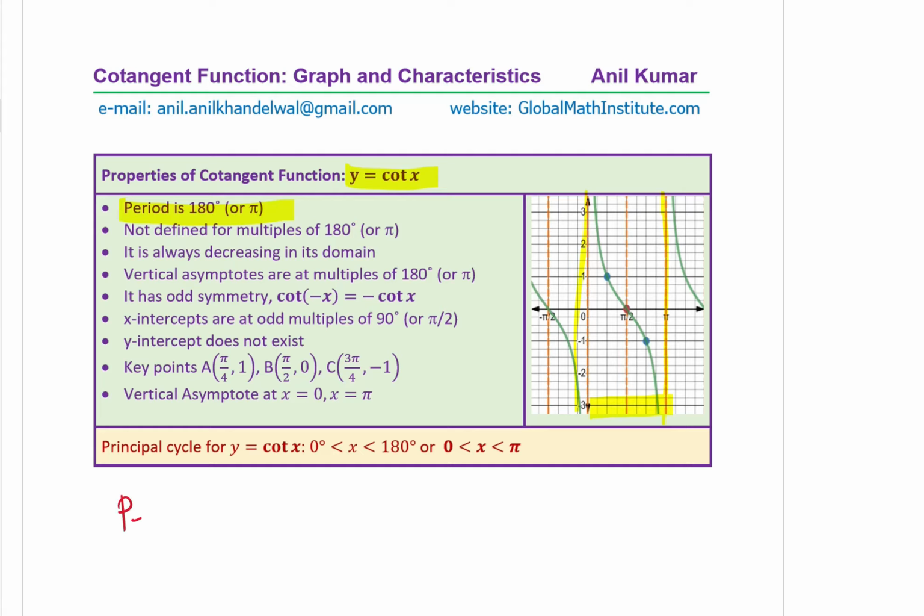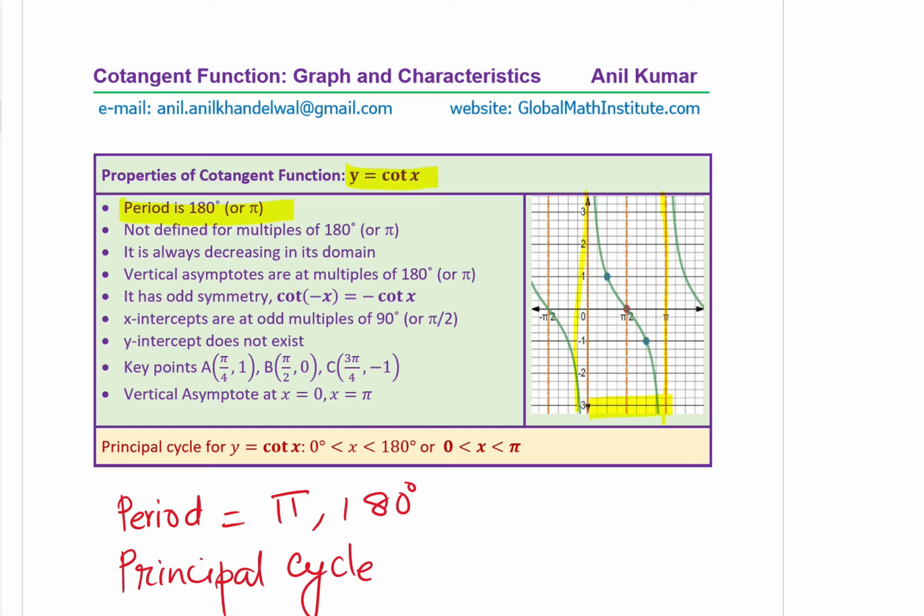So we know that the period is pi, or you can say 180 degrees, correct? Now, we are always talking about one particular period where everything will be analyzed, and that is called the principal cycle. This principal cycle will be from 0 degrees to 180 degrees.